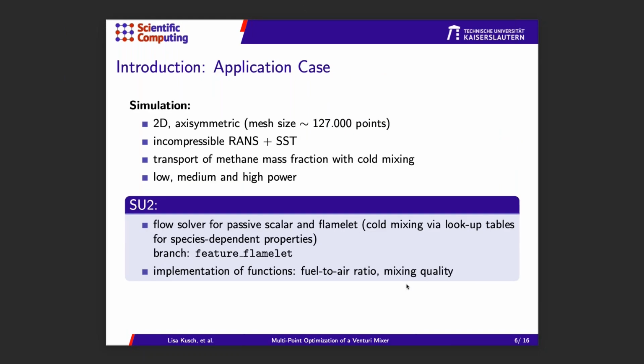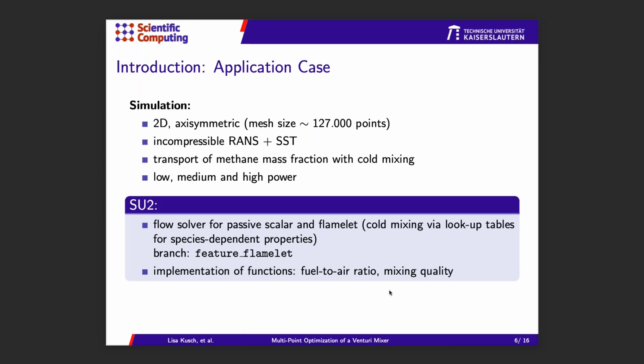So the simulation is incompressible RANS plus an SST turbulence model. And for mixing, we are using cold mixing, so mixing from a lookup table for the transport of methane. And this comes from the feature flamelet branch, which is a branch in SU2 that is concerned with passive scalar transport.